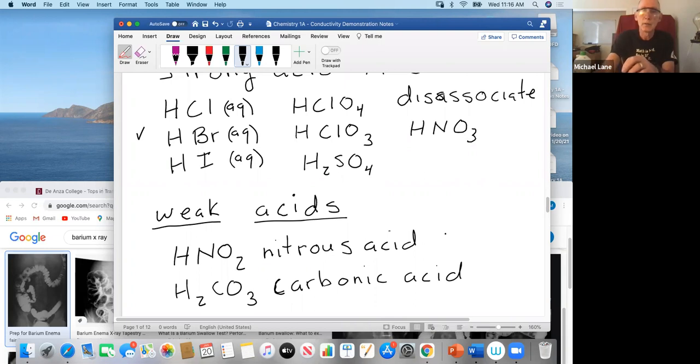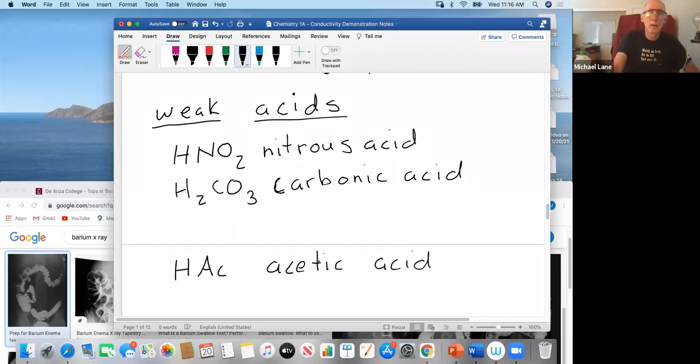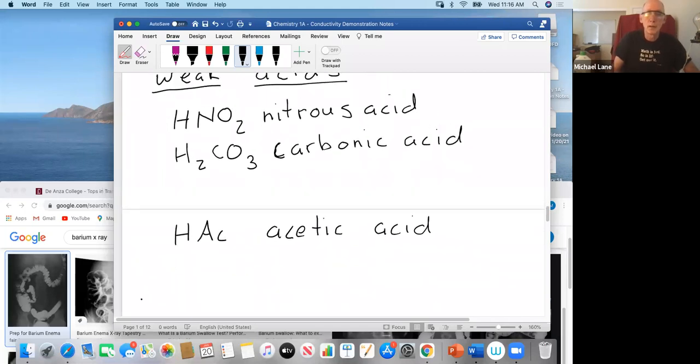Let me scroll. We have already seen HAc, and again, I'm going to write this with the understanding that you know that the molecular formula is a bit different. Let's see, what else are we likely to run across? That one is sulfurous acid.